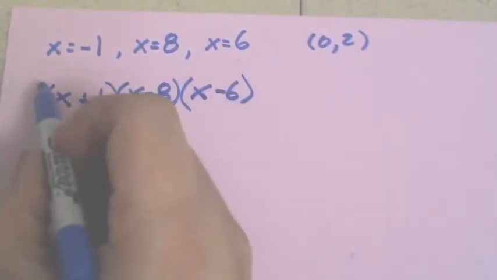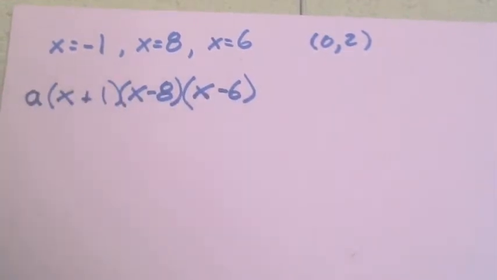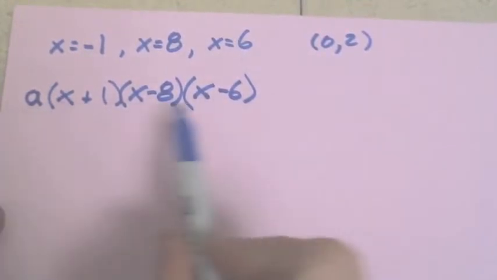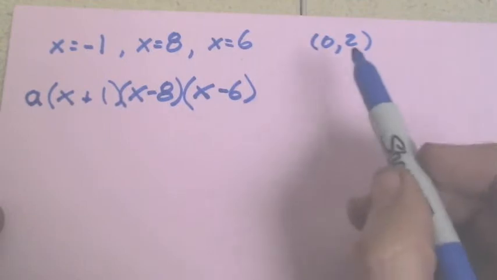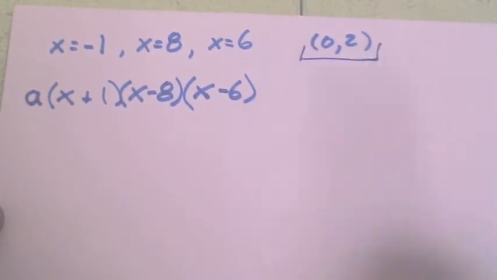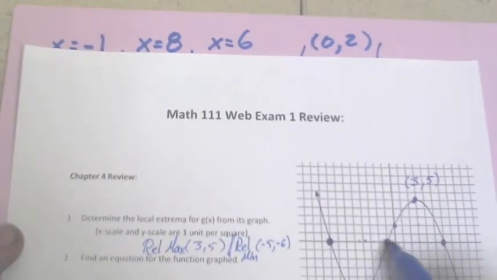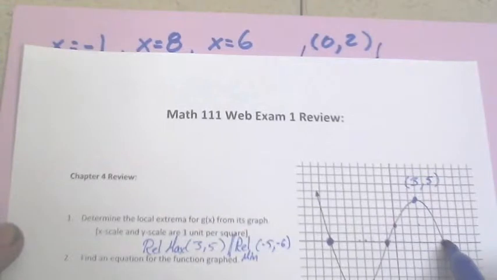We also have to keep in mind that there might be some constant a, some lead coefficient that's going to make this move exactly the way it's supposed to move, and that's why I wanted to grab this y-intercept. So we have to make sure not only that it has these proper zeros in it, but that it also goes through this particular point.